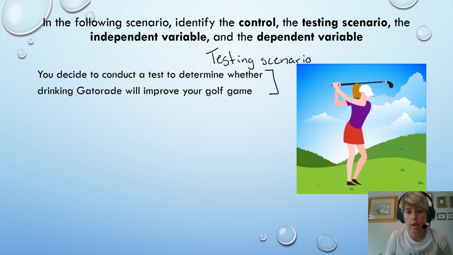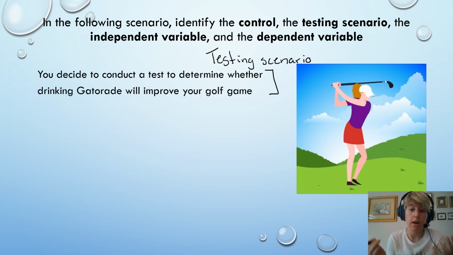So if we're trying to see if Gatorade improves your golf game, we're going to be measuring golf scores. Golf scores that are low compared to our control would say that yes, Gatorade helps. Golf scores that are higher compared to our control would say no, Gatorade does not help.